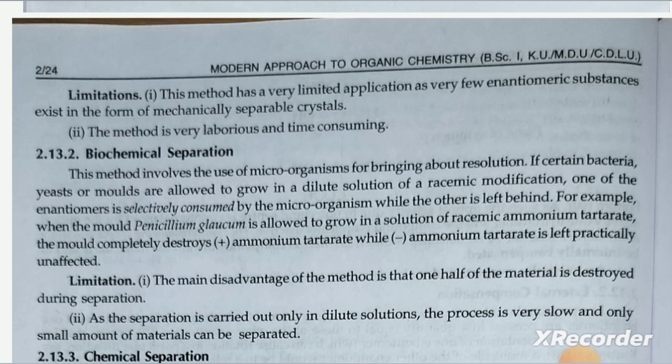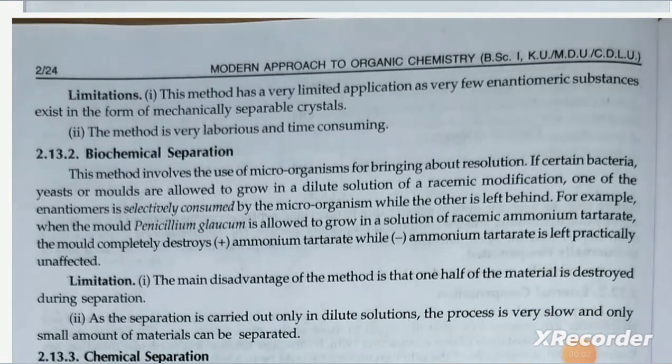Second is biochemical separation. This method involves the use of microorganisms for bringing about resolution. If certain bacteria, yeast or molds are allowed to grow in a dilute solution of a racemic modification, one of the enantiomers is selectively consumed by the microorganism while the other is left behind.